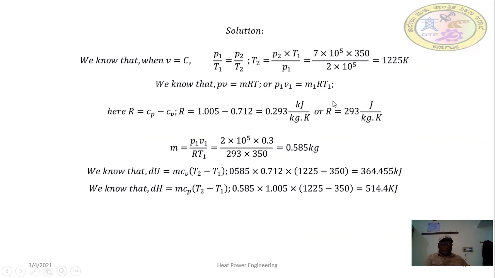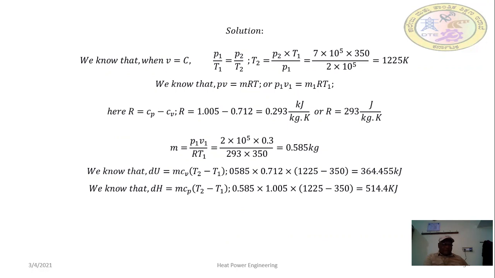After rearranging this, we know the initial pressure and the volume, and we know the initial temperature. The gas constant is given, but you can also calculate the gas constant using this relation: gas constant R is equal to Cp minus Cv, which is equal to 0.293 kilojoules per kg Kelvin or 293 joules per kg Kelvin.